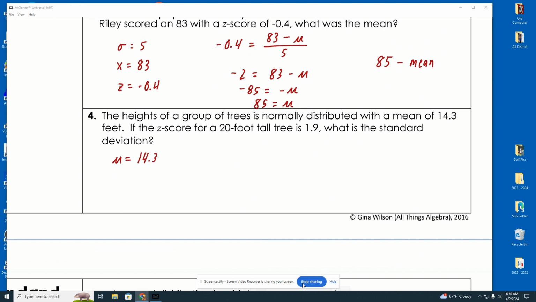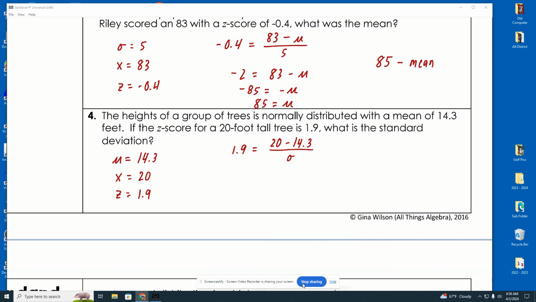If the z-score for a 20-foot tall tree, so again, they're giving me x, it's 20 foot tall, is 1.9, they want to know, hey, what's my standard deviation? All right, so let's find it. So again, my formula goes like this. Z, 1.9, equals x, 20, minus my mean, 14.3, divided by standard deviation.